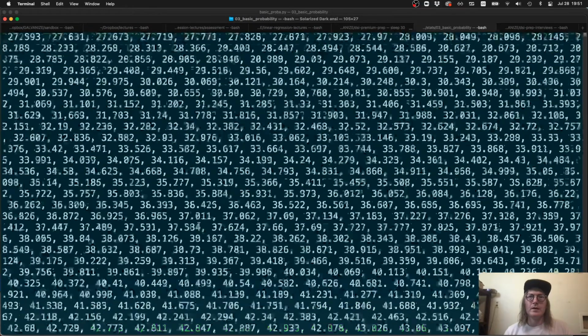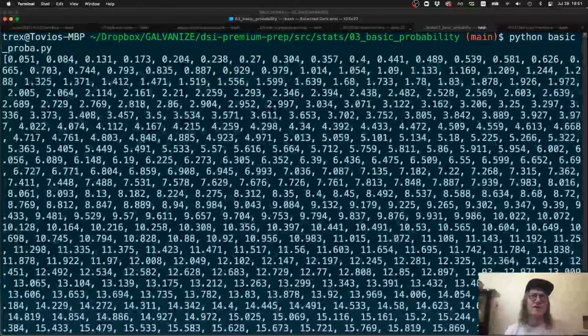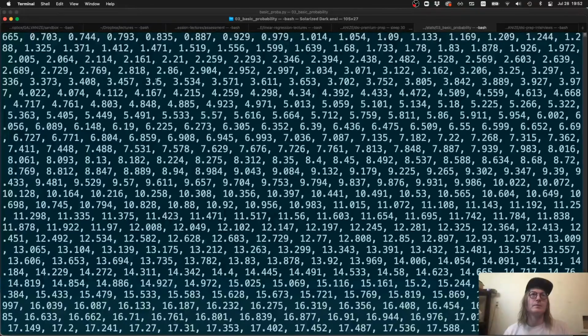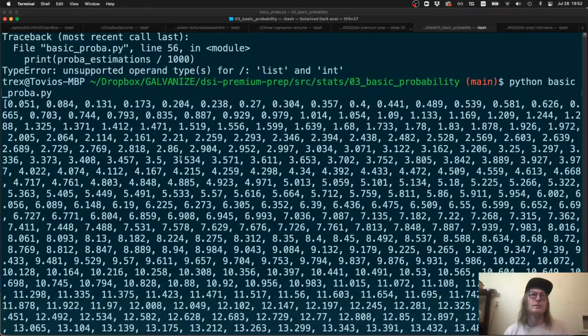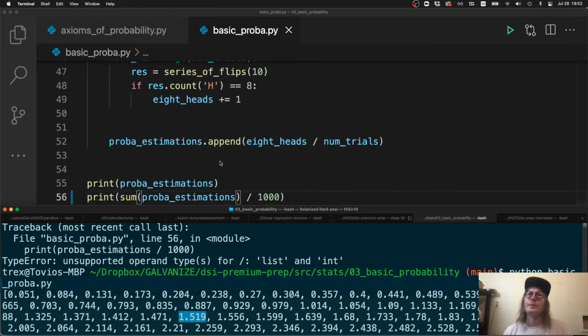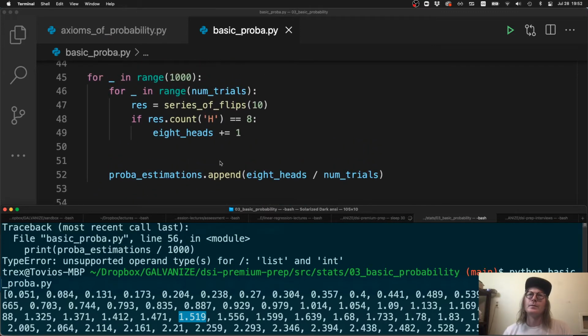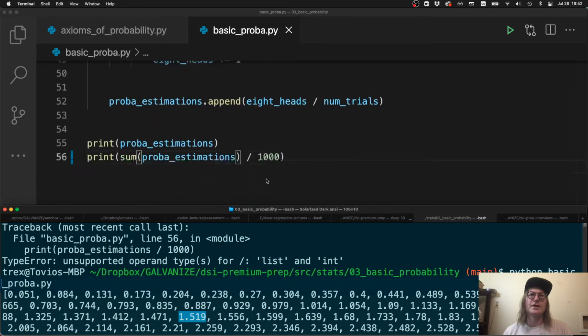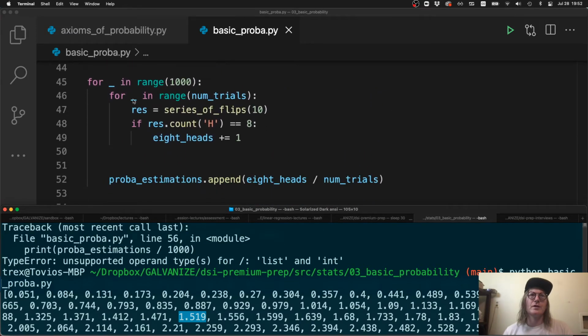If we just scan through this, I know this is hard to see in this form. Let me take a look at this a little bit closer. Not sure why we're getting numbers greater than 1. Eight heads divided by... Oh. Sorry, there is an error in my code, I believe. So, count of H, 8 heads, number of trials.